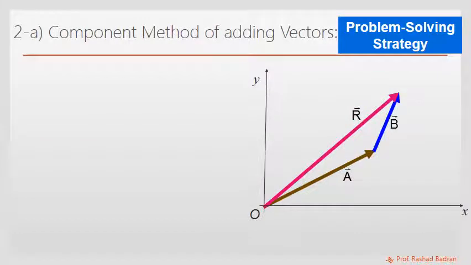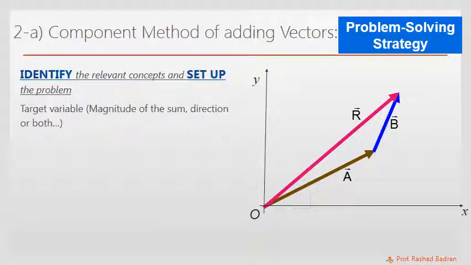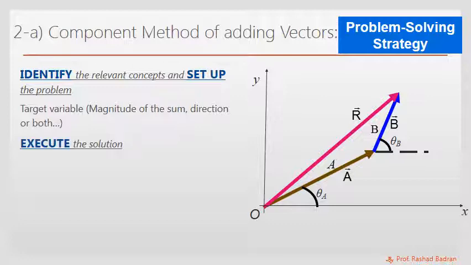The first step in our solving strategy begins by looking carefully into the problem and sorting out the known variables and the unknowns. Let's assume here that the magnitude of the vector A and its corresponding angle, and the magnitude of the vector B and its corresponding angle, are given. The second step in our strategy is to break up each vector into its corresponding components.